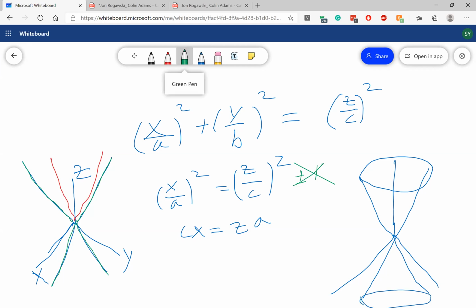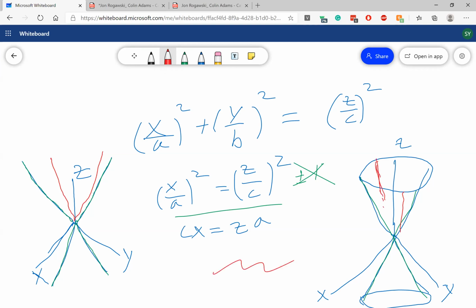One of them is when we set y equal to 0, and that's this line over here, and this line over here, and then there are lines when we set our x to 0, something like this.